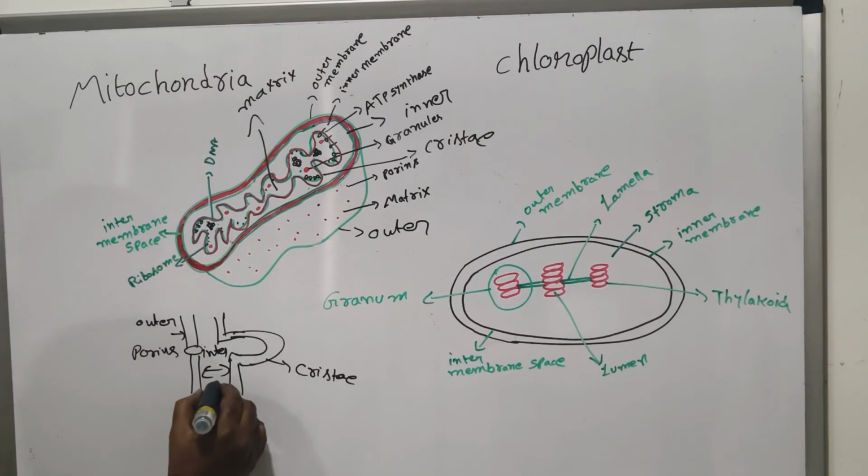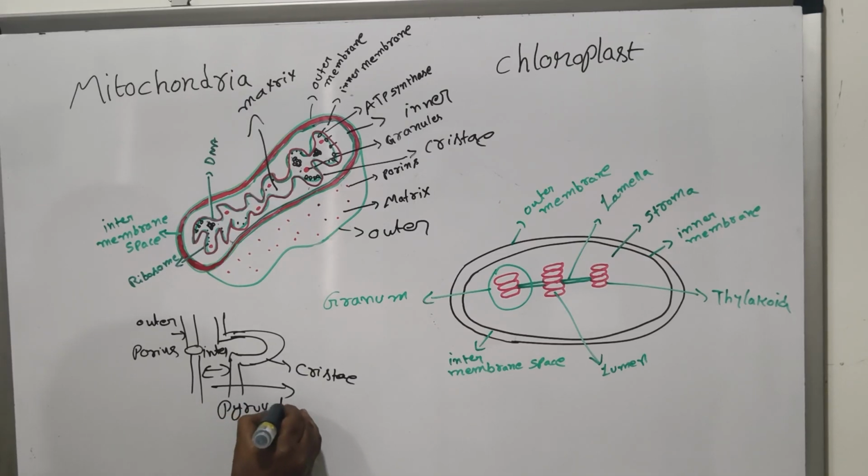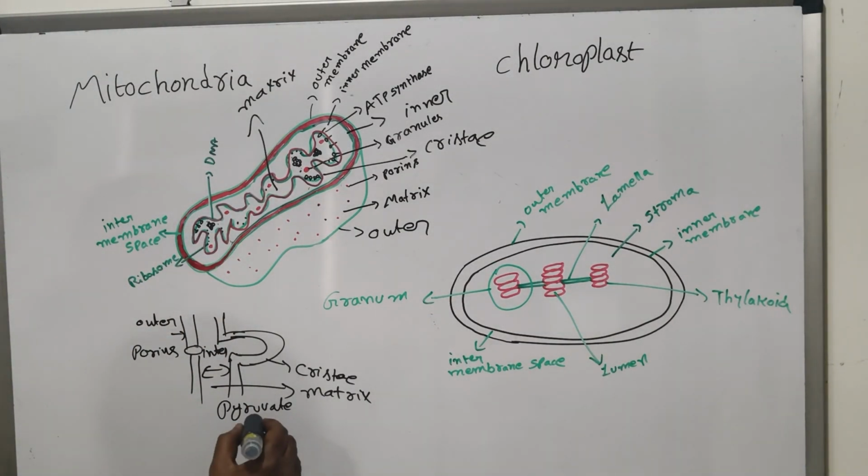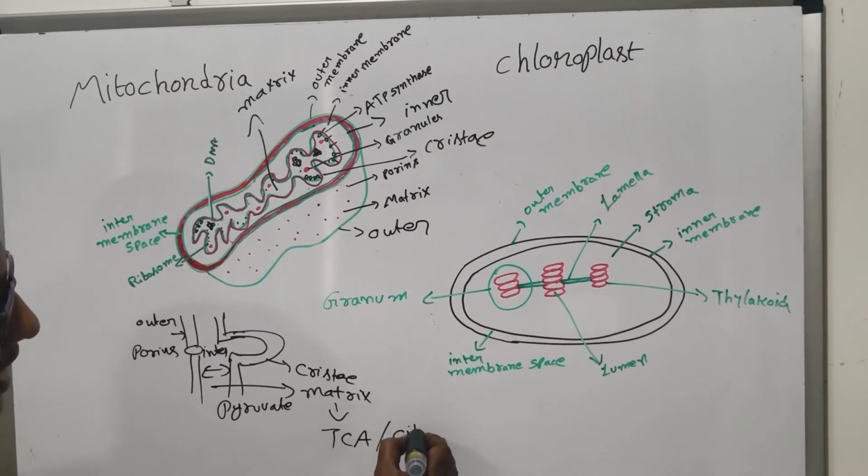From the intermembrane space, the pyruvate moves into the matrix. So here you can observe the matrix of the mitochondria. So this pyruvate here in the matrix enters into the TCA cycle or citric acid cycle.